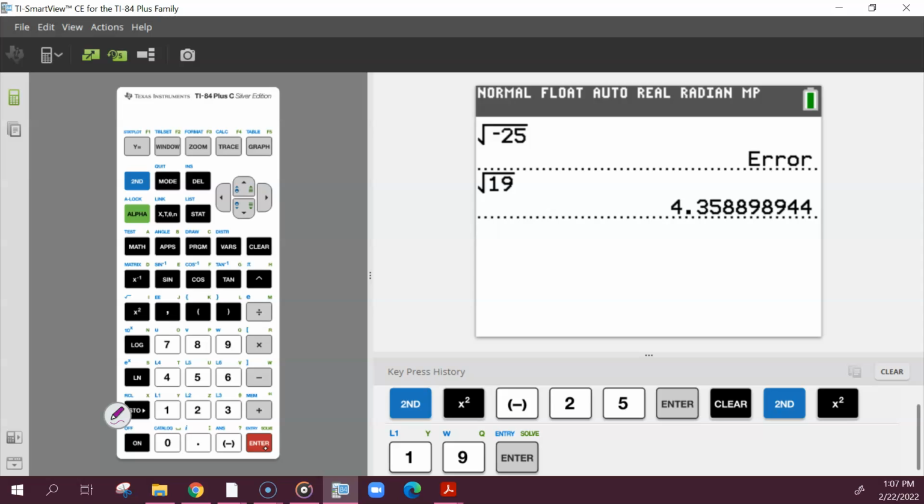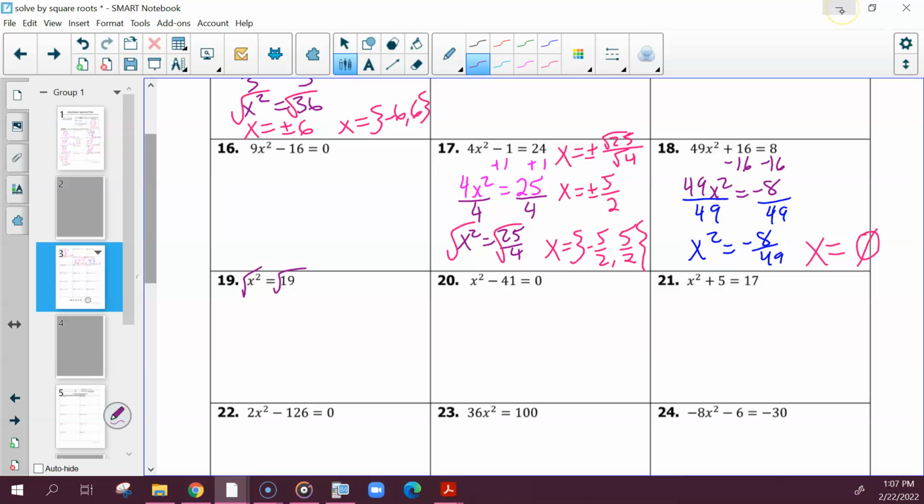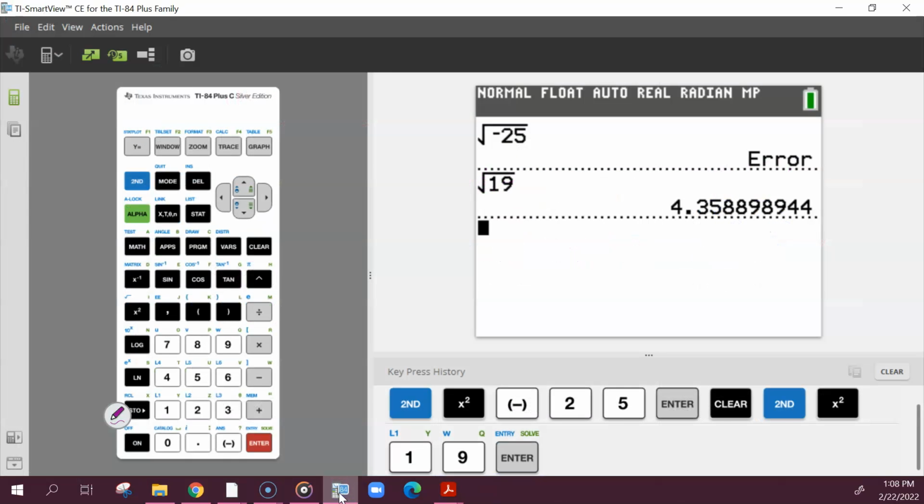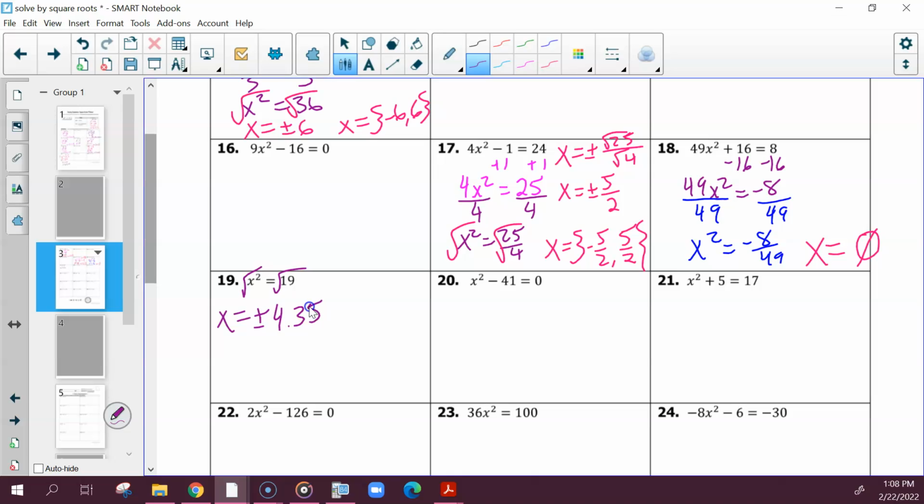or 4.3589, either of those. So we say x equals plus or minus 4.358, or rounded to 9.